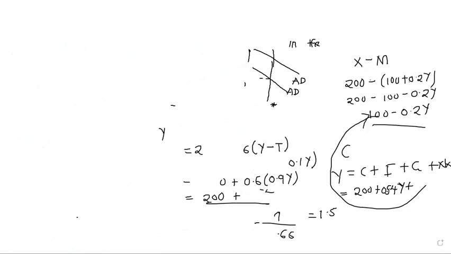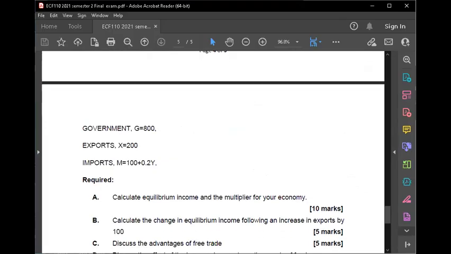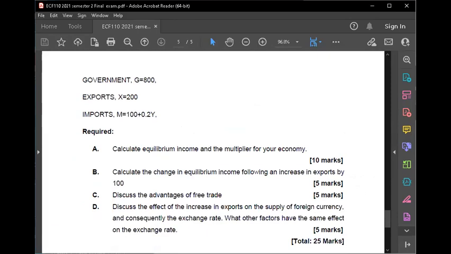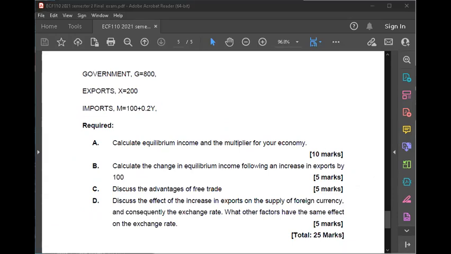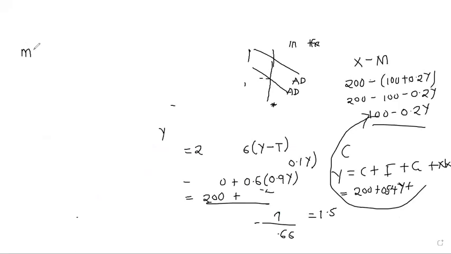It says, calculate the change in equilibrium income following an increase in exports by 100. So exports have increased by 100. How will our equilibrium income change? You know that the multiplier shows us the change in equilibrium income when there is a change in aggregate demand, any autonomous expenditure component.